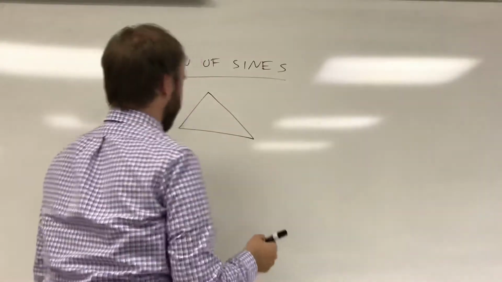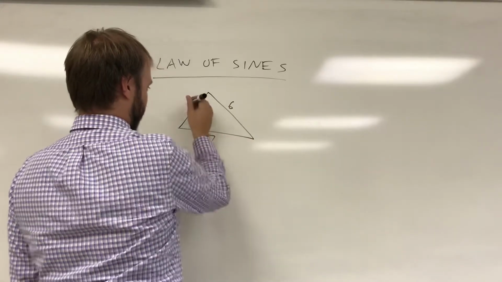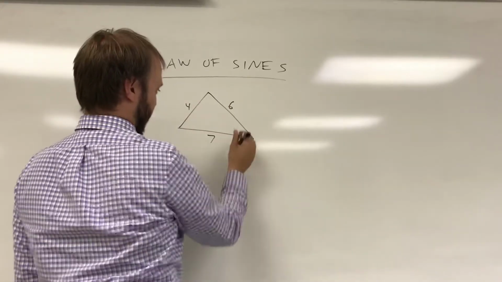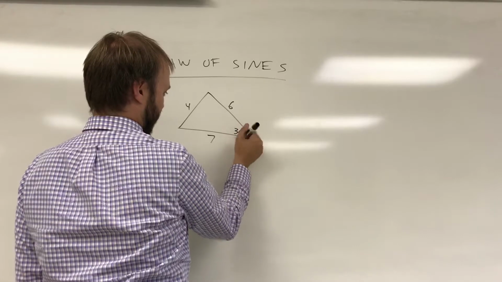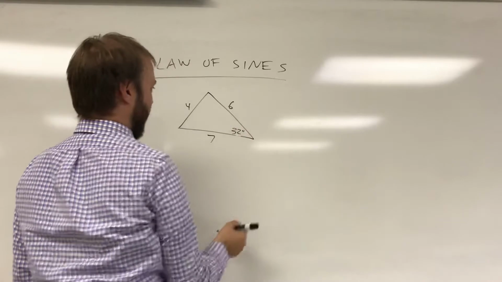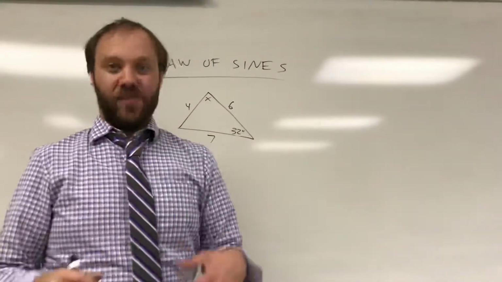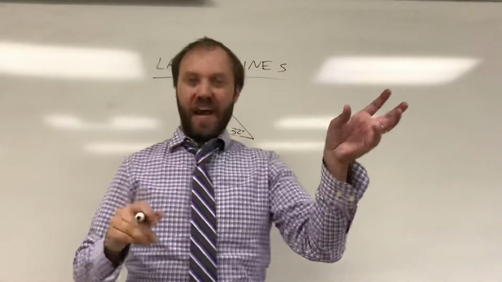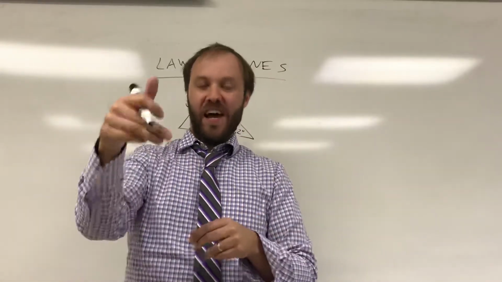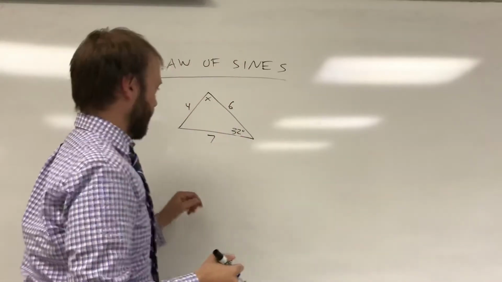So for example, let's say that this side length is 6, and this is 7, and let's say this side is 4, and let's say I have a 30 degree, let's not make it a 30, let's make it a 32 degree angle, and I want to find this angle measure over here, okay? Same kind of thing, as long as you've got pairs, a side and its opposite angle, and another side and its opposite angle, as long as only one of the things is a variable, you should be able to set up an equation.